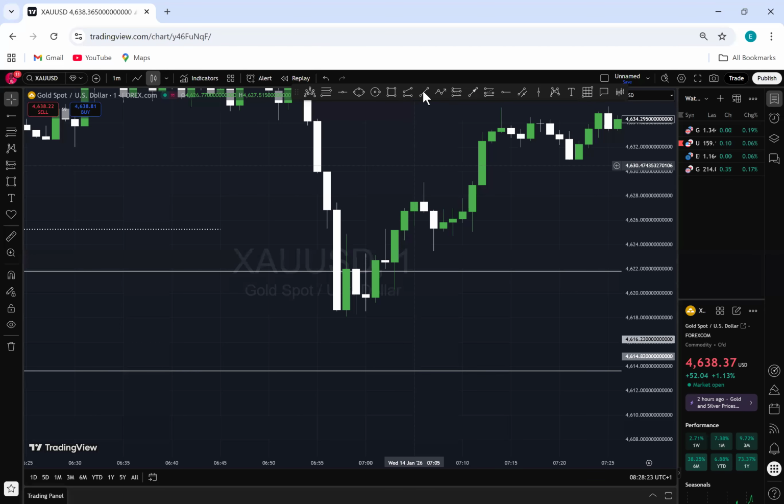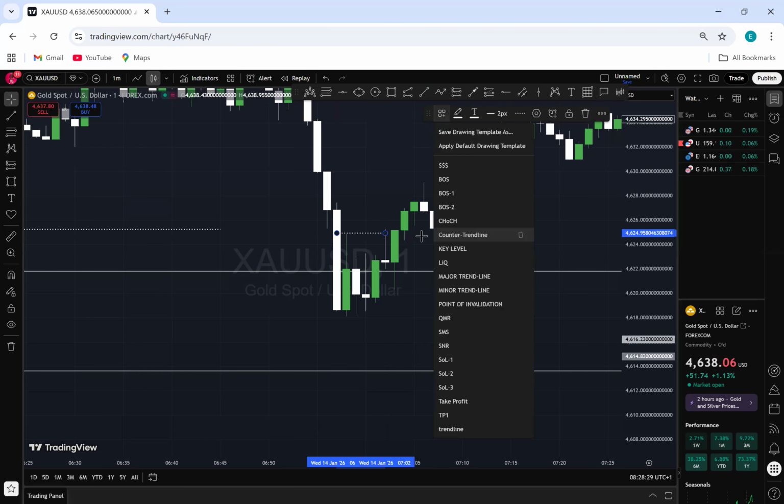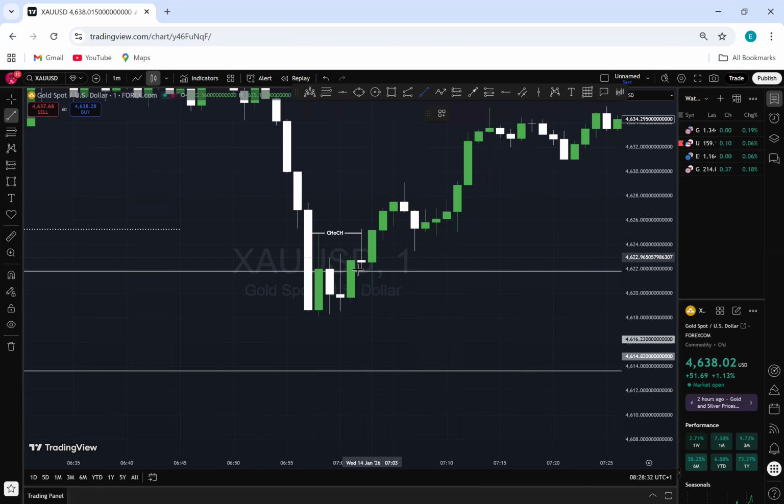This obviously will be a change of character or market structure shift. And then this wick here will be liquidity. Some of us would have marked this as liquidity, and then you're expecting price to come into this area. No, it wouldn't have triggered you in.